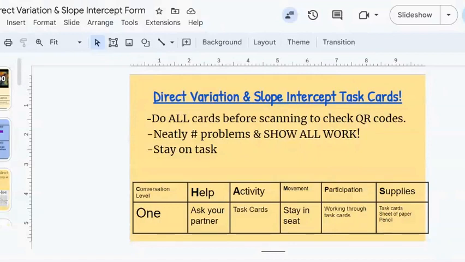So I'm going to do pretty points, and I have my y-intercept. So when I do y equals mx plus b, we know that the b is going to be the y-intercept.